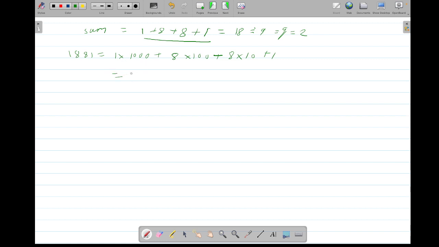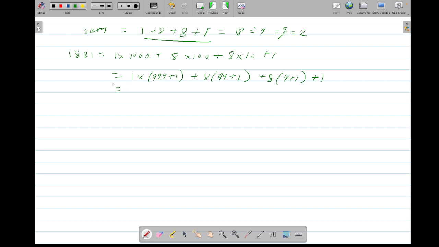If we rewrite the same number like this, you can see we can rewrite the above number into the following form, where I am breaking the numbers into this form. And this can be extended to any number.